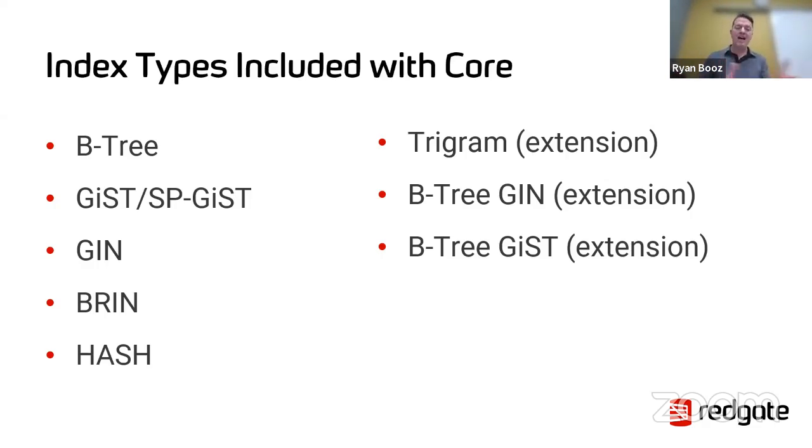Now, the 5, actually 6 on the left, are always available all the time. They won't be taken away. The 3 on the right are available with an extension, but all of those extensions come included with the base package of Postgres. They just aren't installed by default because they do take some extra effort. They are actually a little bit more management heavy and intensive.